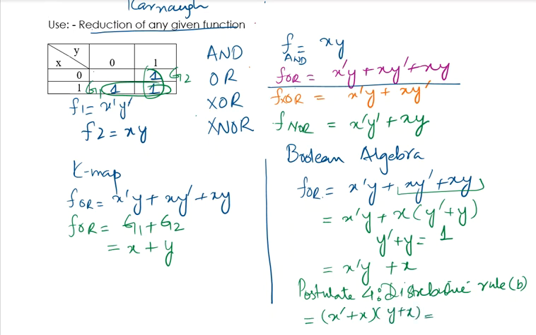As above, it would be 1 dot y plus x, and now we have y plus x here, or x plus y, similar to what we had from the Karnaugh map. So we have reduced the OR from x dash y plus xy dash plus xy to x plus y using the K-map as well as Boolean algebra.